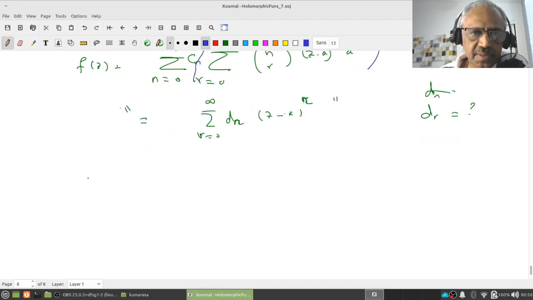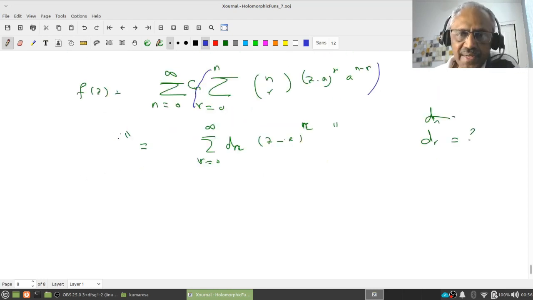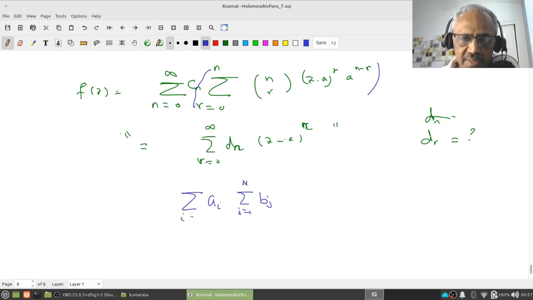Okay, that is, notice that if it's a finite sum, you can always do that, because when n varies, here also the n varies. Please try to understand. If I know something like this, ai, and something here, bj, j equal to 1 to n, where n is fixed, and i equal to something 0 to infinity, then I know it's very easy for me to do.